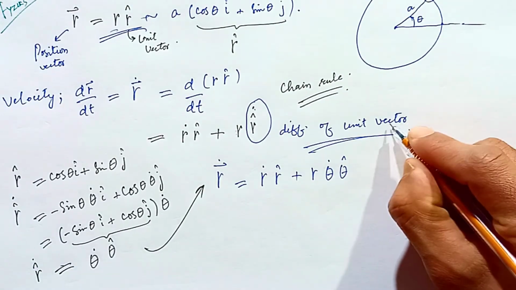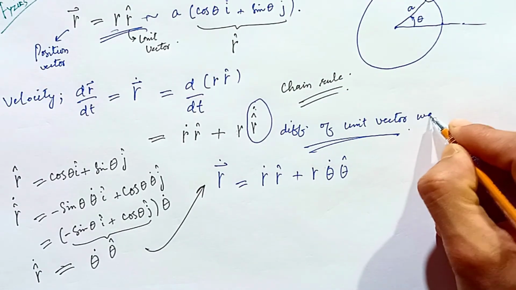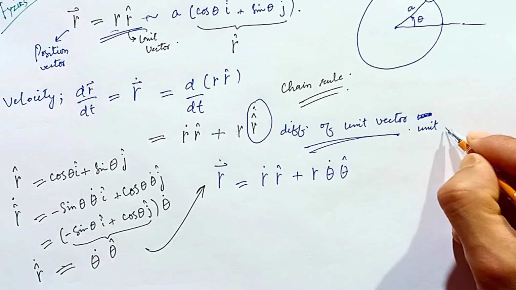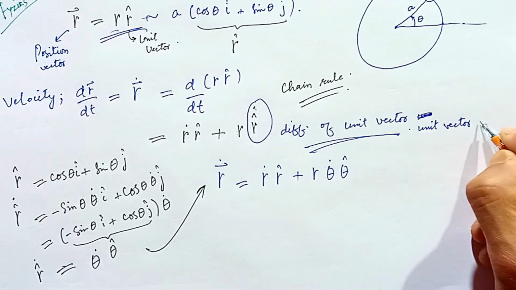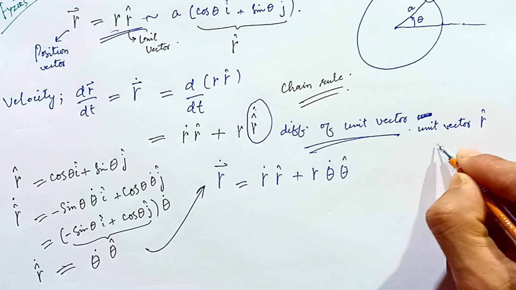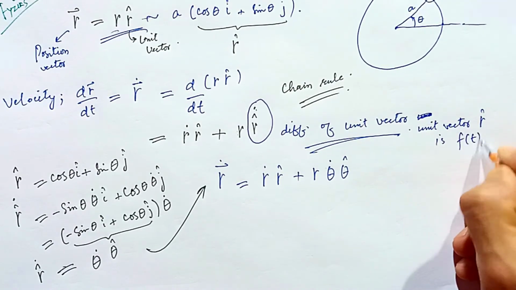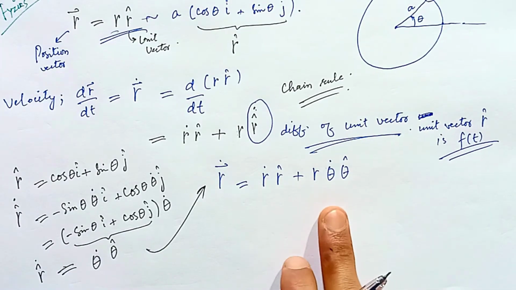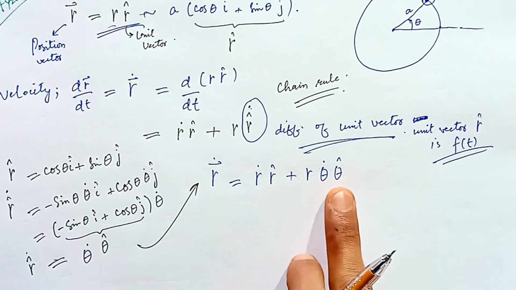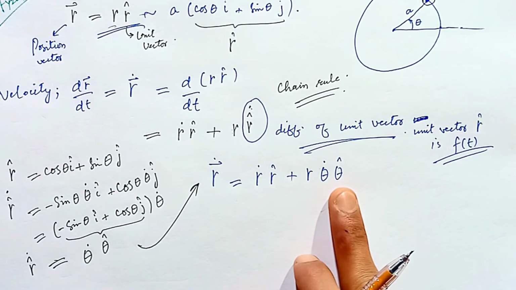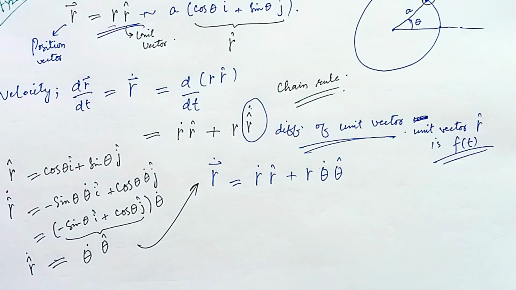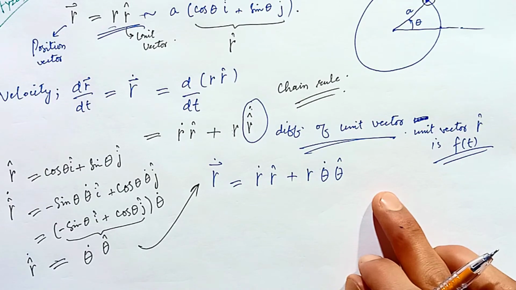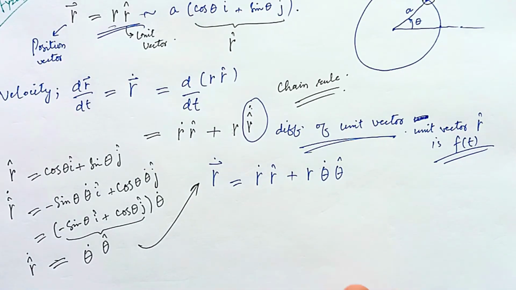Before, the unit vector r hat was a function of time. So that's why I converted it into another form where the unit vector is not a function of time, so we don't have to differentiate the unit vector with respect to time. That's simple.